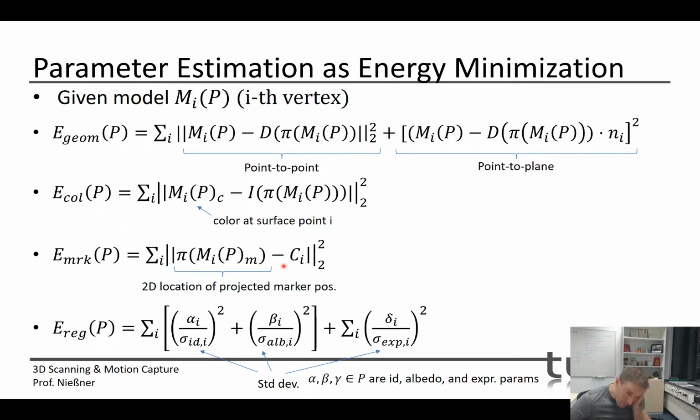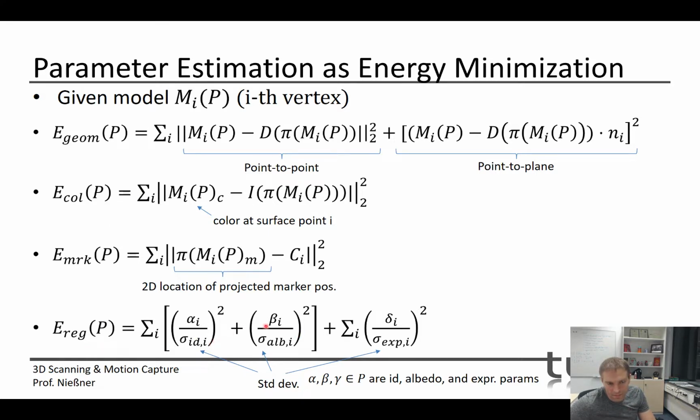Okay, and this loop here typically goes over, I don't know, like 50 to 100 markers, whereas these two loops at the top go over everything that we have. It's like thousands of vertices or even hundreds of thousands of pixels, right? Okay, and the last term is this regularization term, right? So we have here 3 parameters.